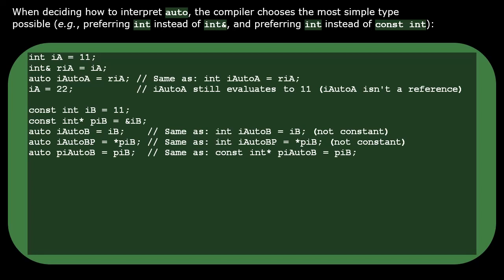But if the auto type shortcut determines that we need a pointer to something and that something is a constant target, then this inferred type has no other choice but to be a pointer to constant int.